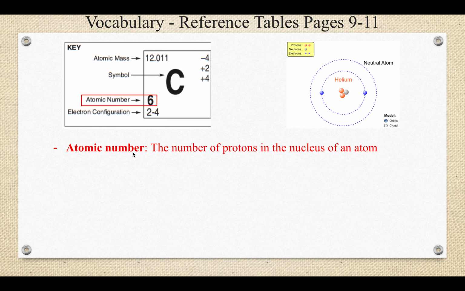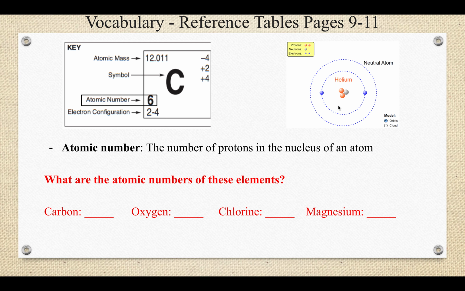If the atomic number doesn't change, aka the number of protons doesn't change, the atom doesn't change. And that's really important to remember because it doesn't matter if the number of neutrons or electrons changes. It only matters if the number of protons change. So there can be some tricky Regents questions with regard to this.